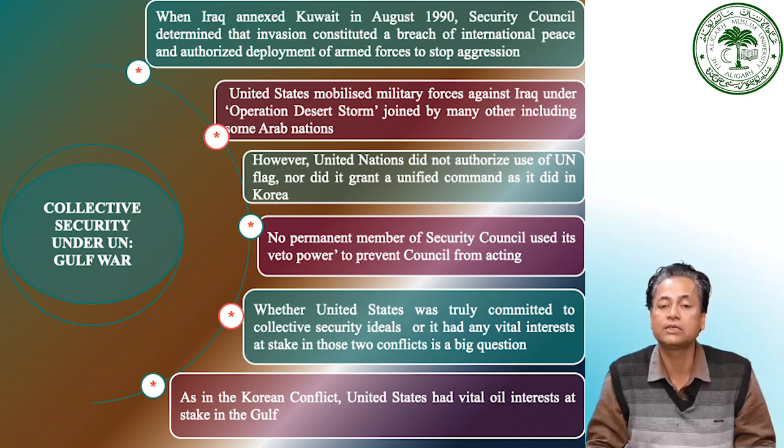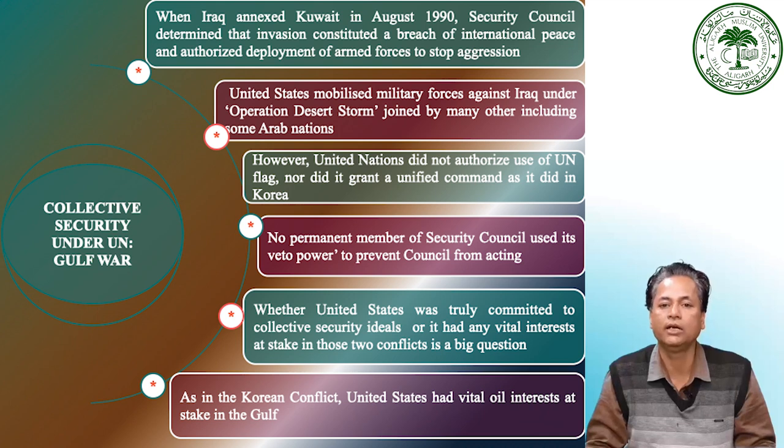The United States mobilized military forces against Iraq under what it called Operation Desert Storm, and it was joined by many other countries including some prominent Arab nations. Iraq finally surrendered, and the terms of a permanent ceasefire were worked out by the Security Council.